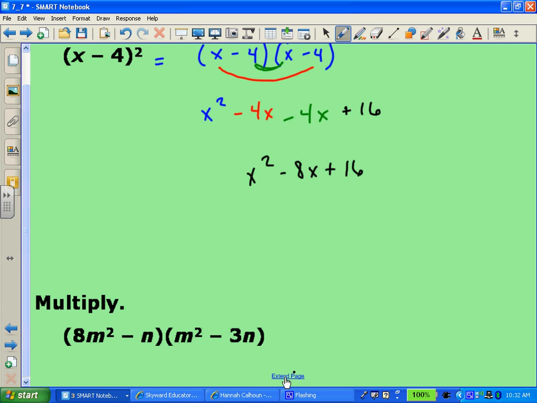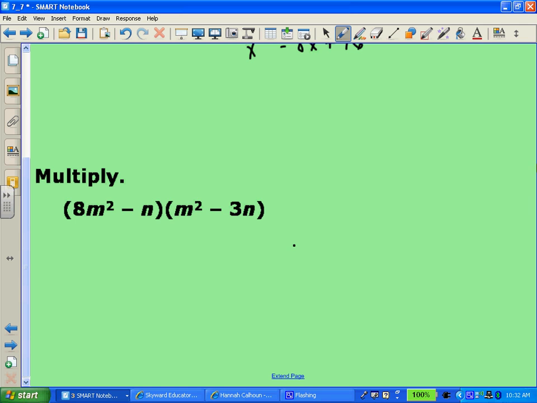Let's look at one that's a little more fun here. Same thing. FOIL. First, 8m squared times m squared. That's going to be 8m to the fourth. Then I got outer. 8m squared times negative 3n. So that's going to be negative 24 m squared n.